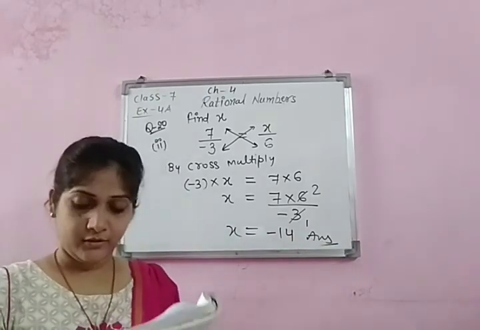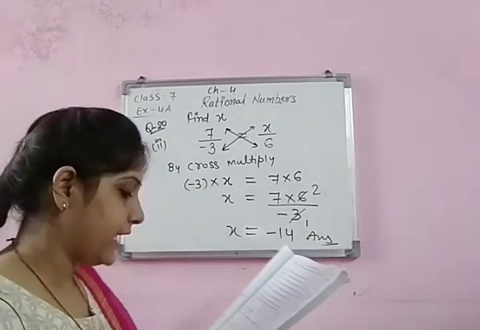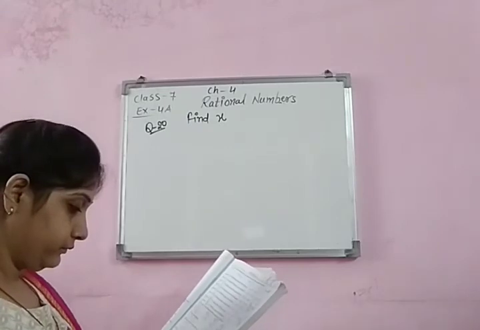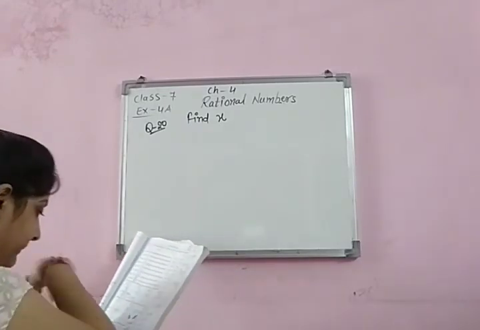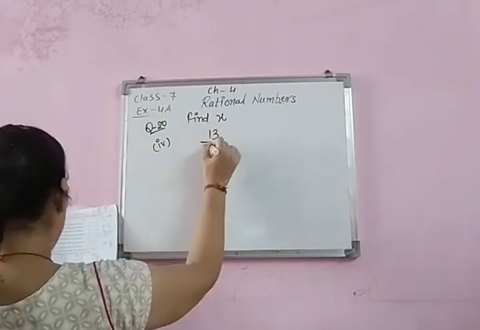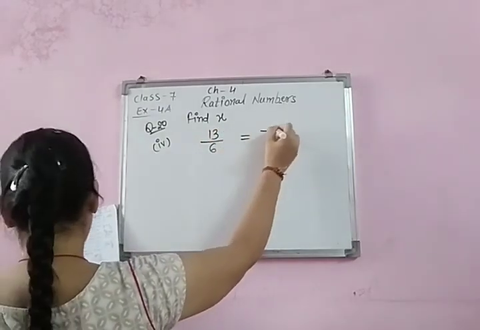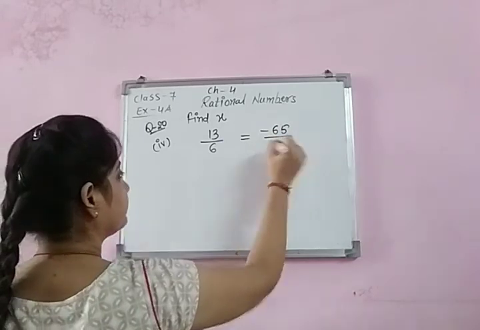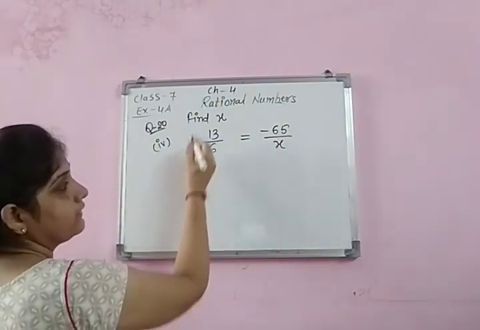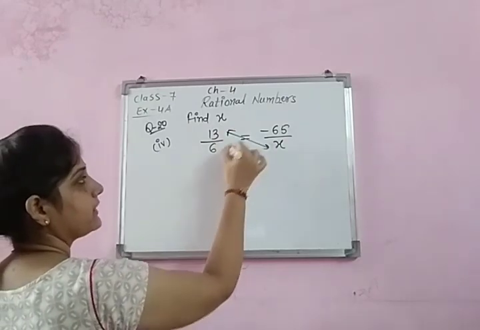Okay children, let's do one more question so that the topic is clearer to you. Fourth part I am explaining: 13 by 6 equals minus 65 by x. Look, what do you understand? Again I am doing cross multiplication.